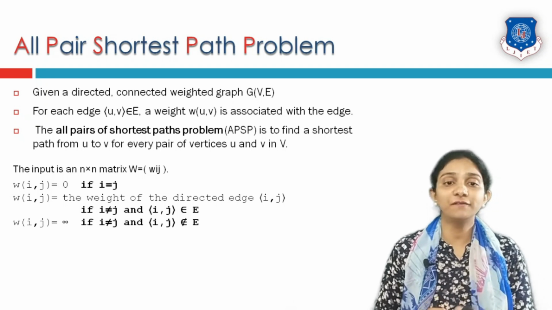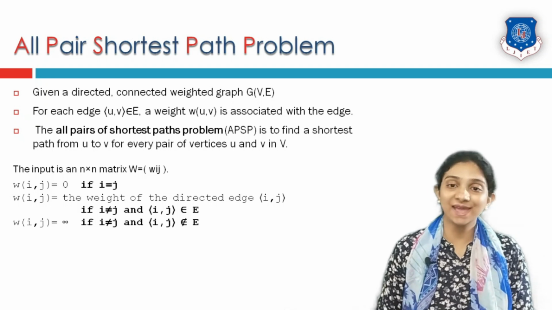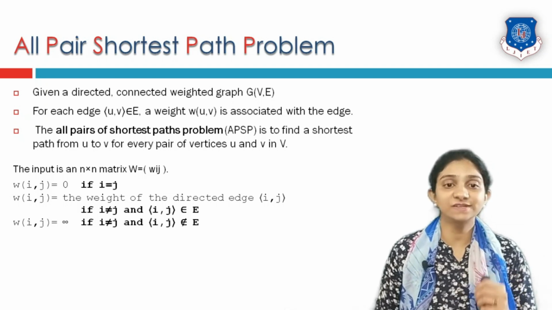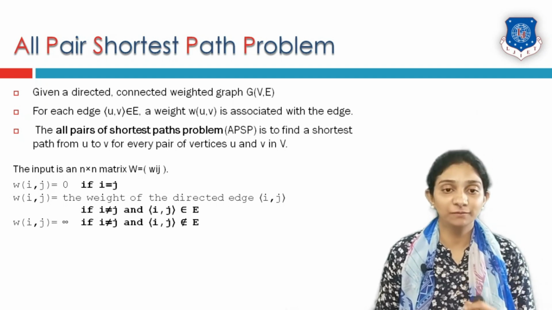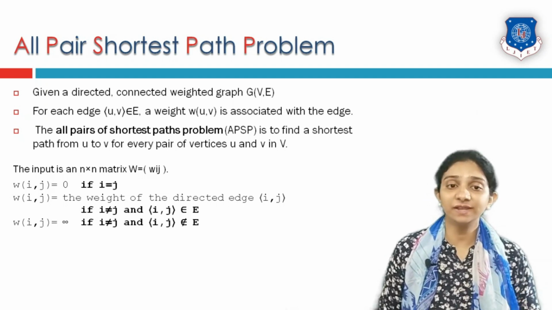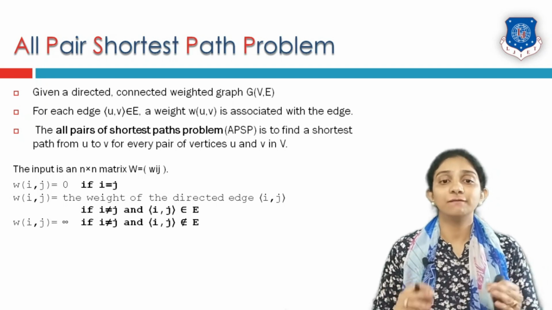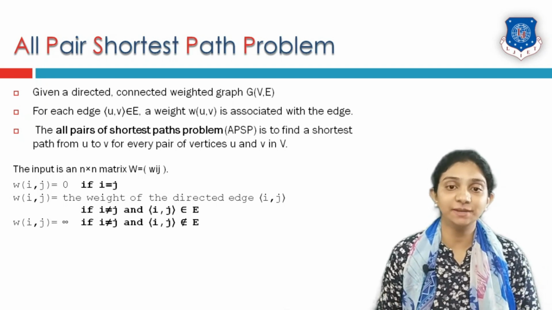The weight of ij is the weight of the directed edge from vertex i to vertex j if there exists a direct edge in the graph. But if there doesn't exist an edge from vertex i to vertex j, we put an entry of infinity.